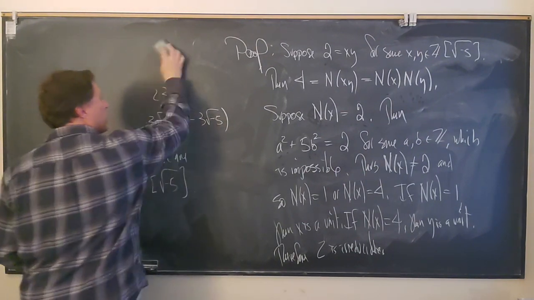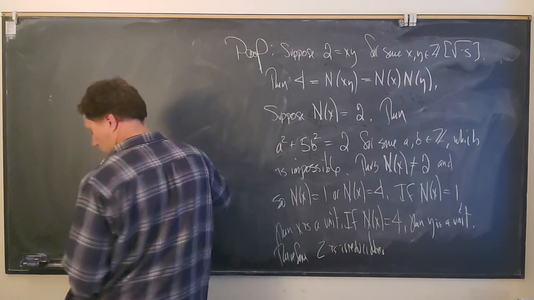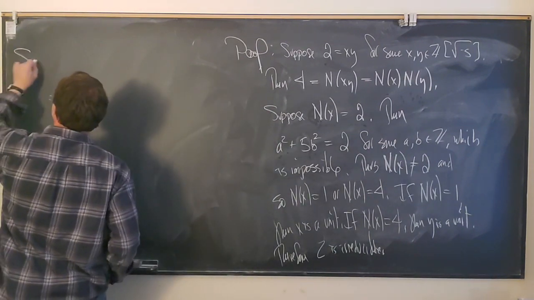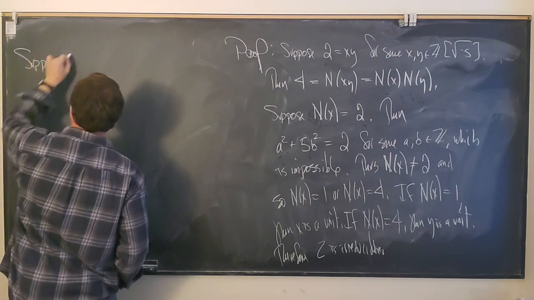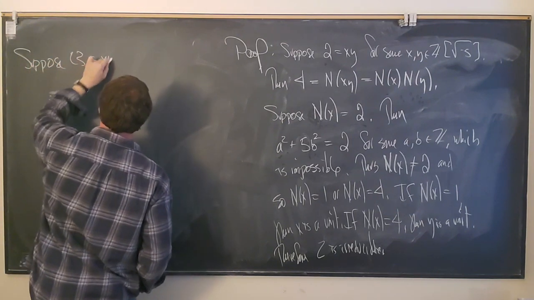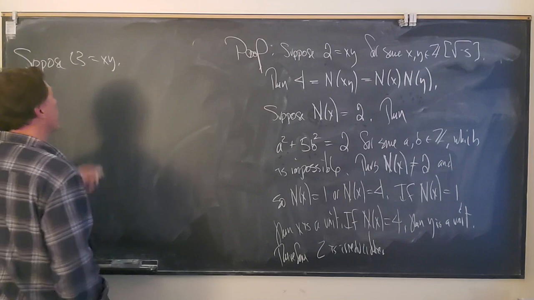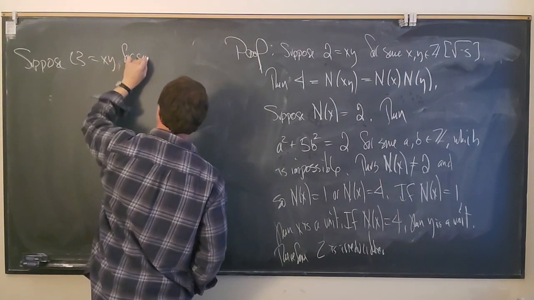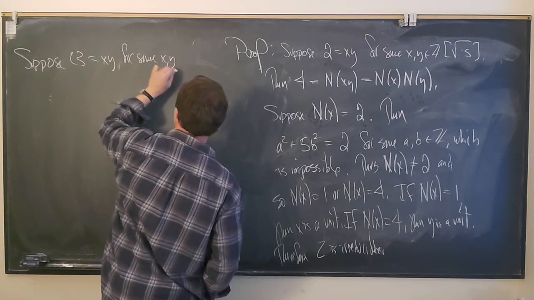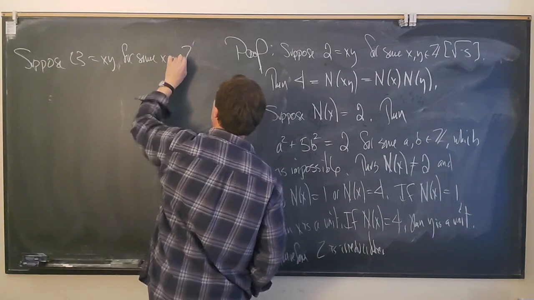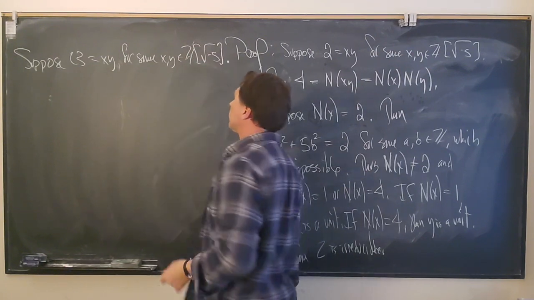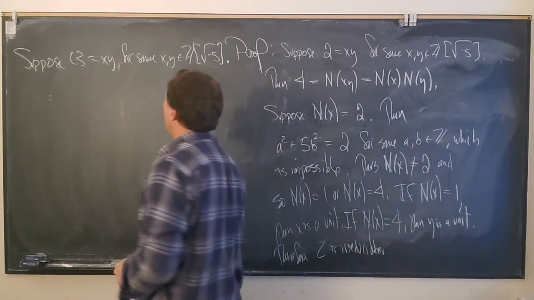So we'll do the same thing. Suppose 23 equals x times y for some elements of Z[√-5].